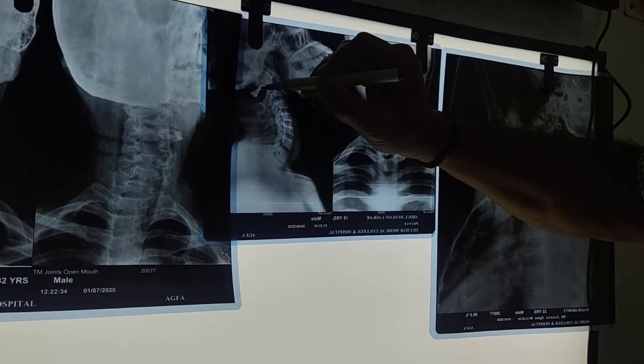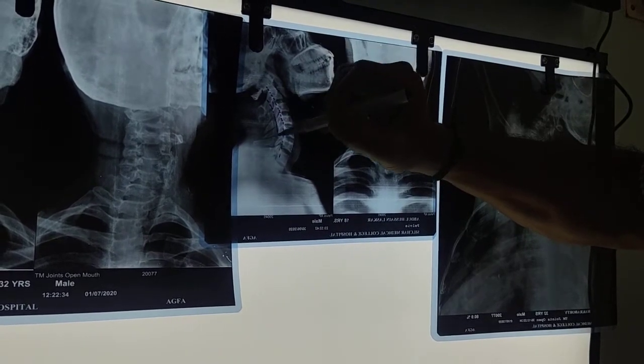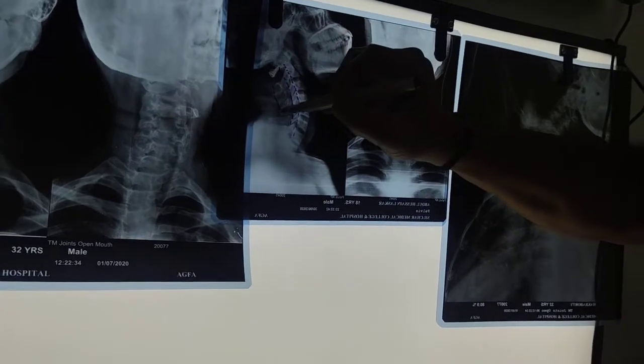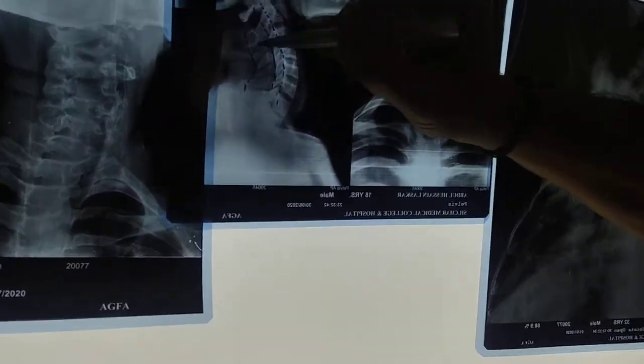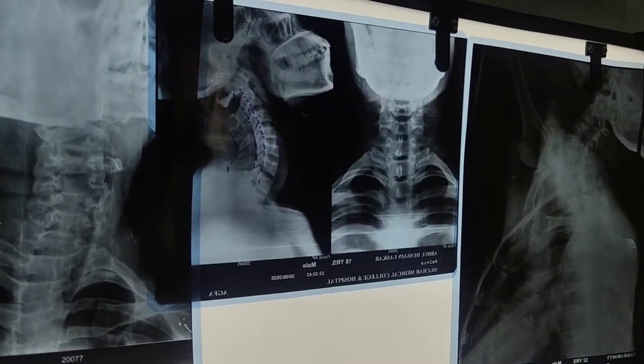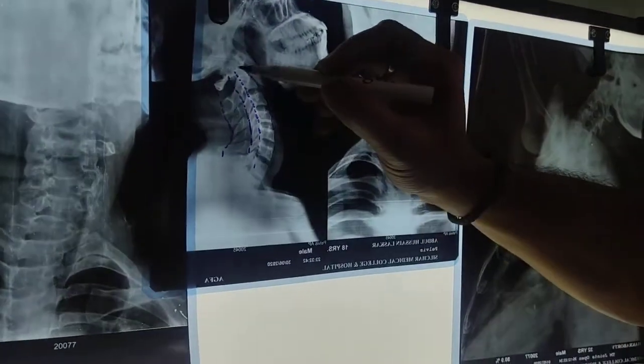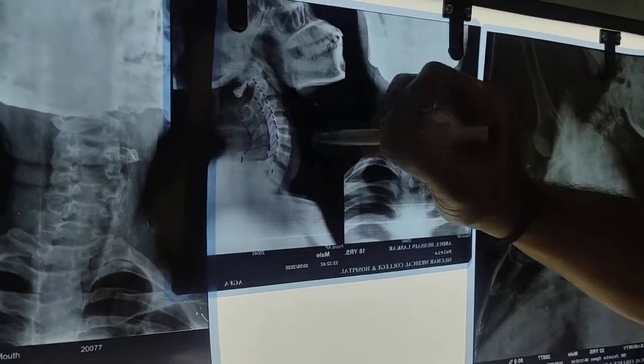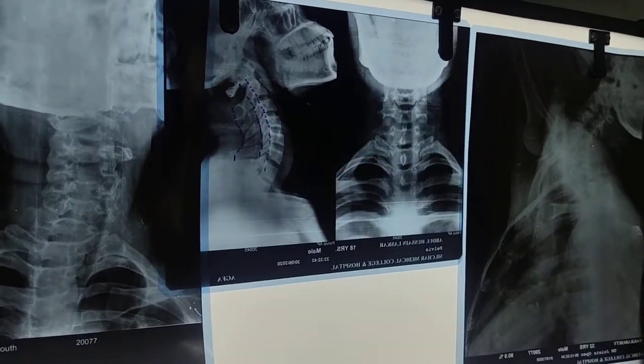Then we also draw your facet joints line. Then we are also drawing the posterior spinous process line. So all these lines are important. The integrity of these lines is important. That speaks about the alignment.